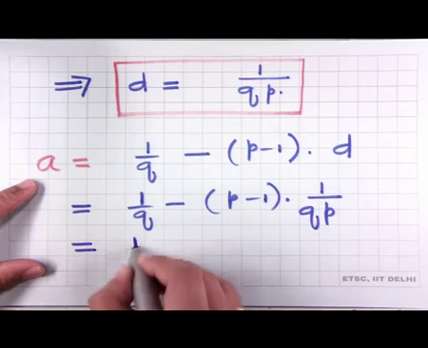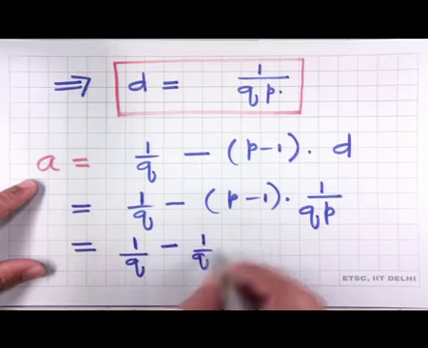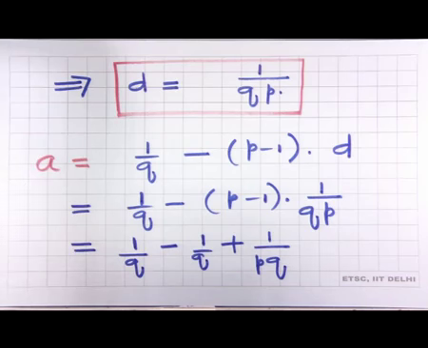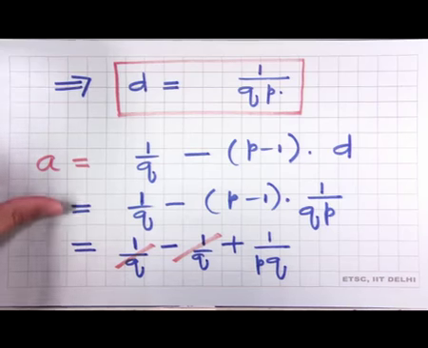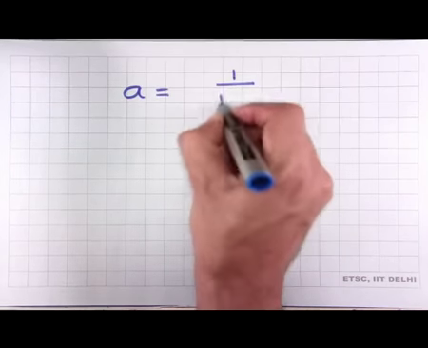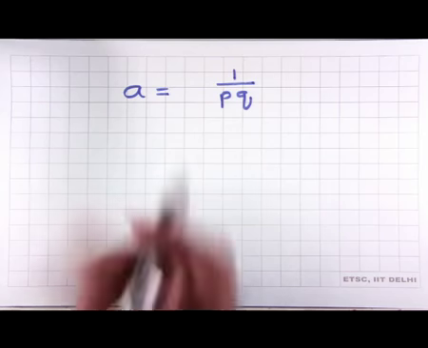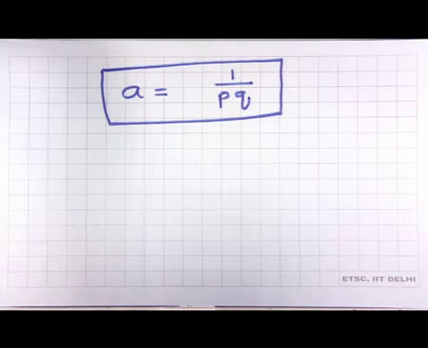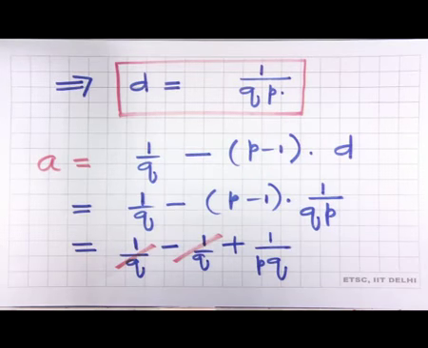This simplifies to the 1 by q gets nullified, yielding a the first term equal to 1 by pq. Thus, our AP has first term 1 by pq and common difference 1 by pq.